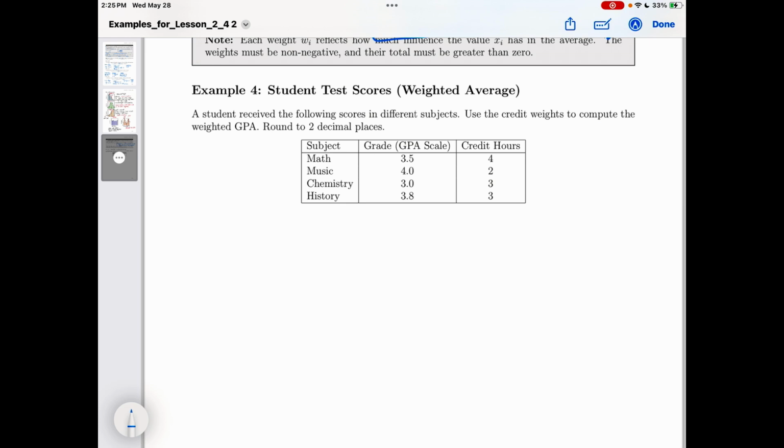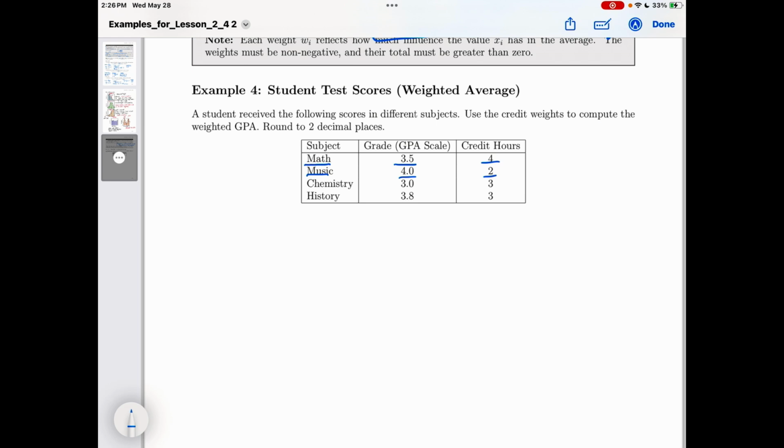So let's look at example 4, with the student test scores. A student receives the following scores in different subjects. Use the credit weights to compute the weighted GPA, and we're going to round our answer to 2 decimal places. So in math, we have a GPA scale of 3.5 for that specific course, and the credit hours for that course was 4 credit hours.